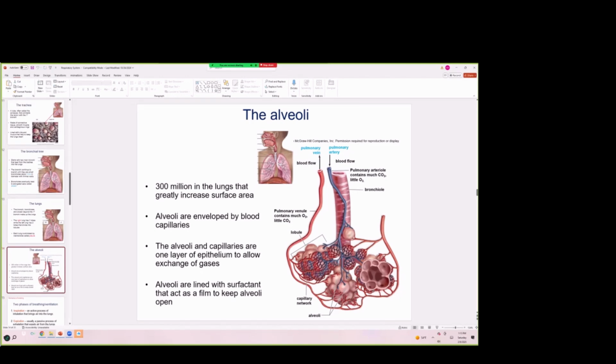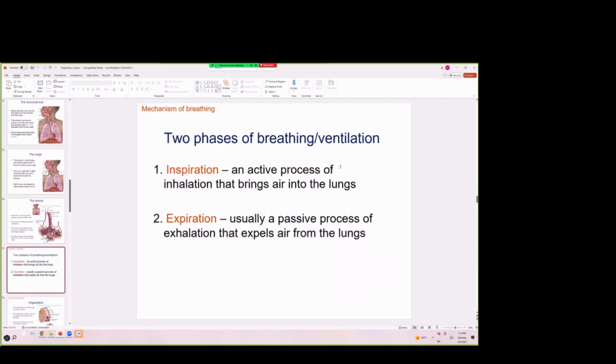There is more carbon dioxide in the blood that is being brought to the lungs through the pulmonary artery. The carbon dioxide would diffuse into the alveoli space, and it is taken back out as we breathe out. So in the process of breathing, we have inspiration, where we take up air, and expiration, where we breathe out.